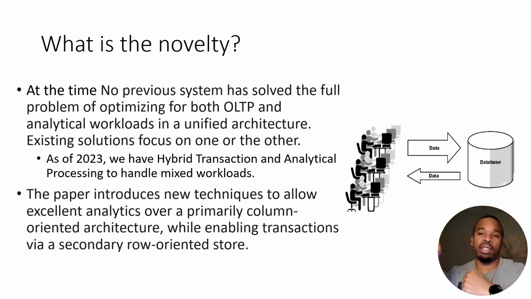It's a data architecture that joins OLTP and OLAP workloads. This particular paper introduces new techniques to allow excellent analytics over a primarily column-oriented architecture while enabling transactions via a second row-oriented storage.